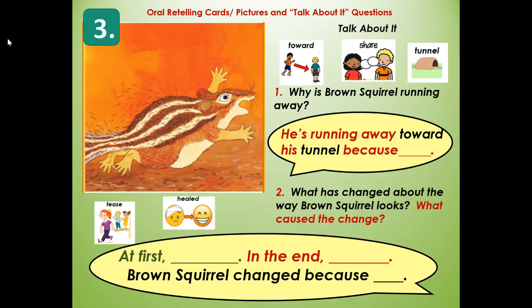He didn't have stripes, and then in the end, Brown Squirrel had stripes down his back. Brown Squirrel changed because he teased Bear, and Bear was going to eat him, but in the end ended up scratching him down his back and causing those stripes.